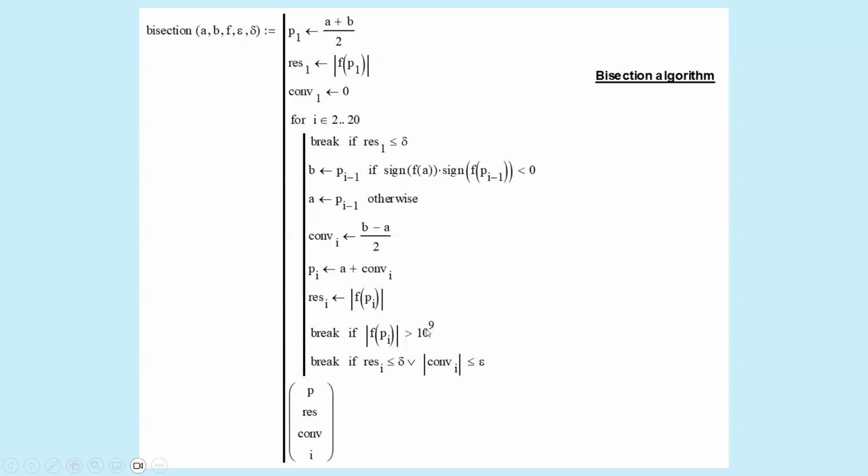But if the algorithm is not converging to the root and it diverges, when the residual is larger than 10 to the power 9, the algorithm will break.